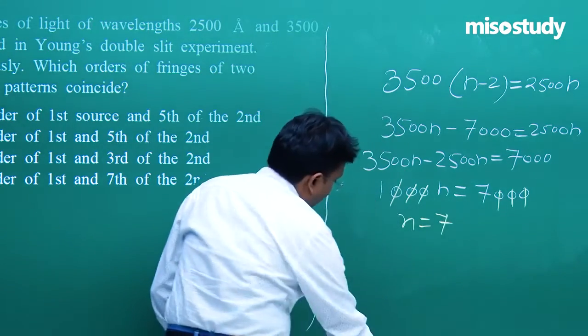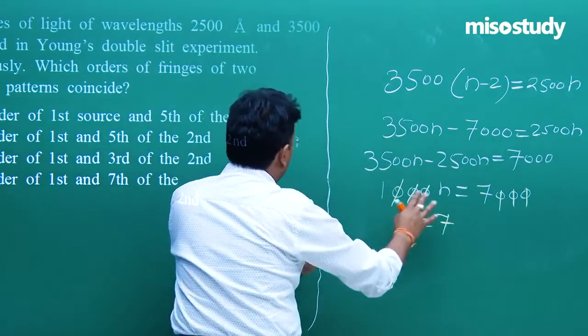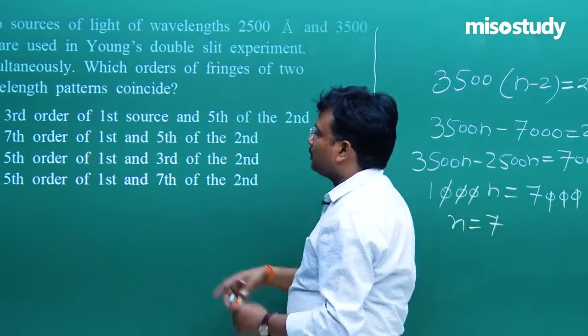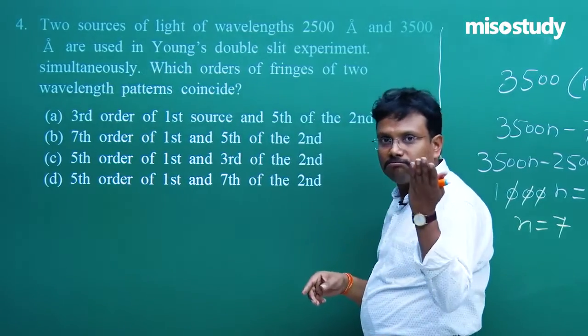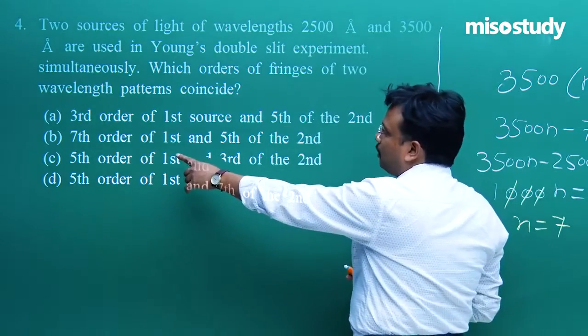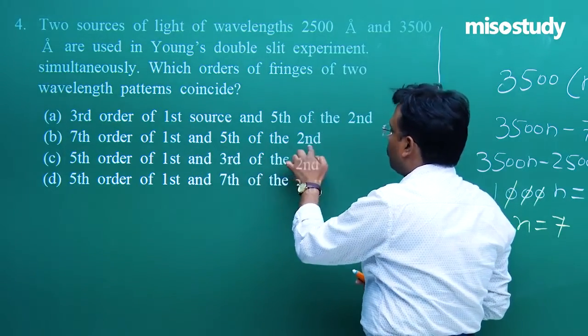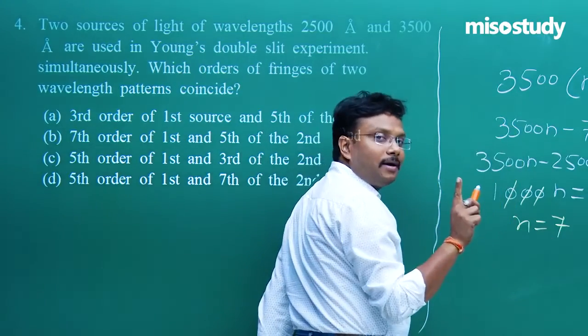So now what exactly is your answer? Now after this please start reading the options. Third order of first source and fifth of the second? No. Next, seventh order of first and fifth order of second. Very much clear. Why?